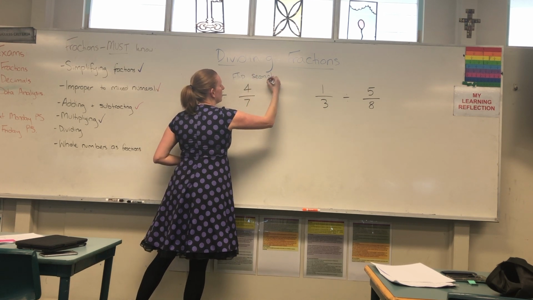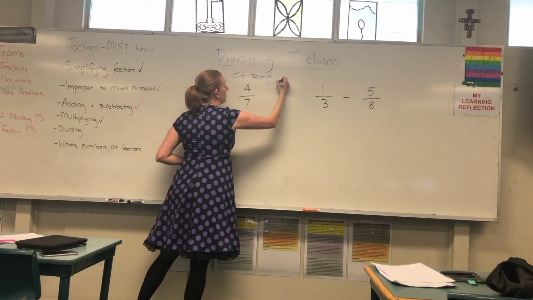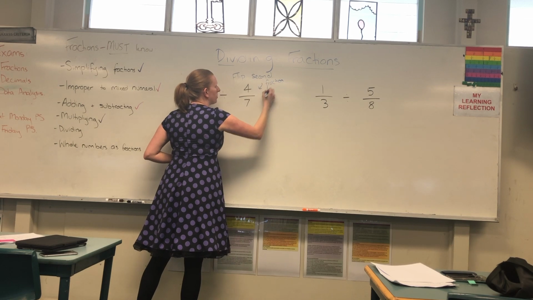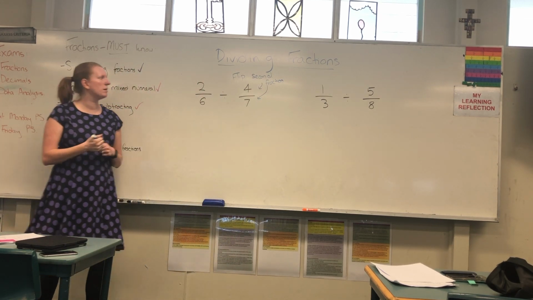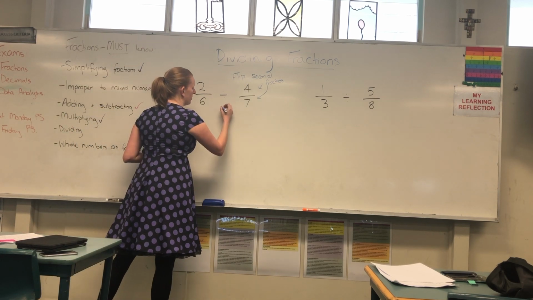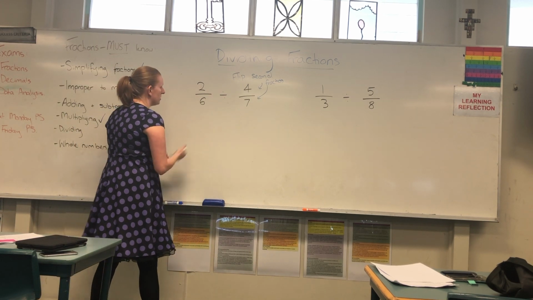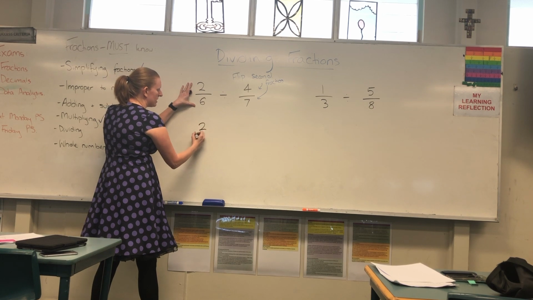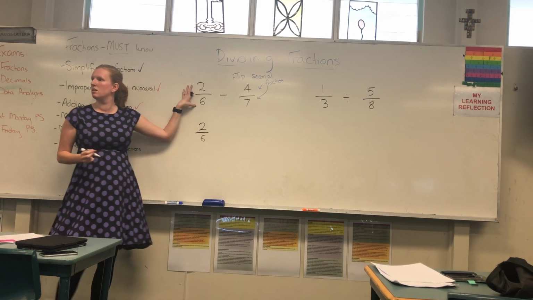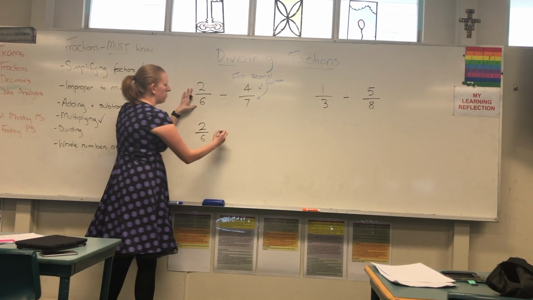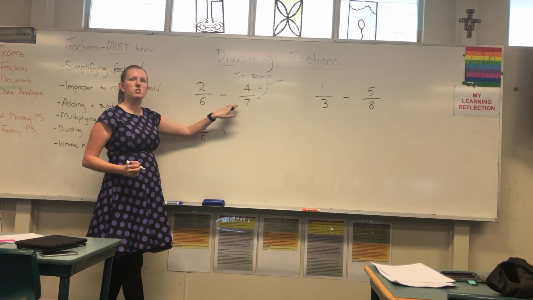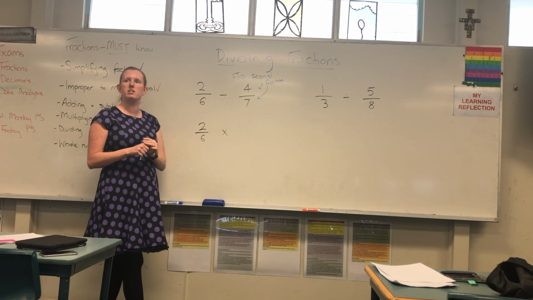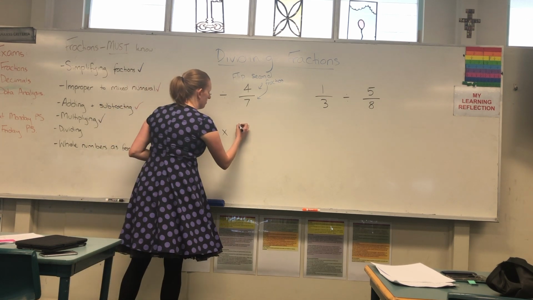So I'm going to flip this second fraction upside down, and then I'm going to multiply instead. So it turns into, the first one stays the same, but now I'm going to be multiplying my flipped second fraction. So what's this fraction going to be if it's flipped? 7/4. Awesome.